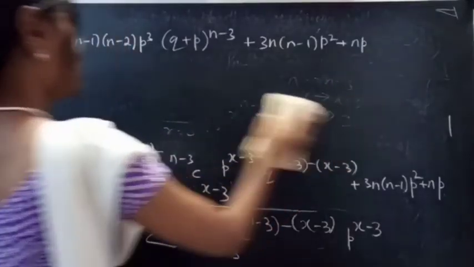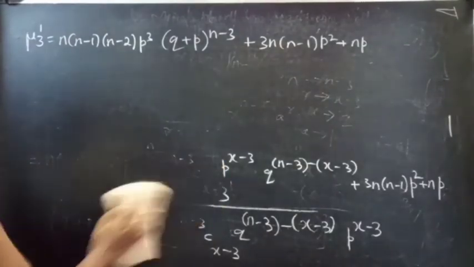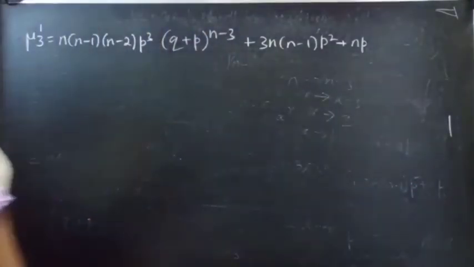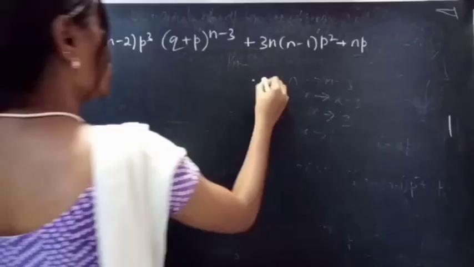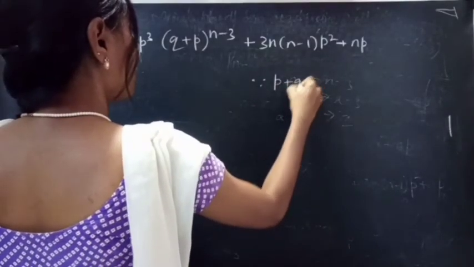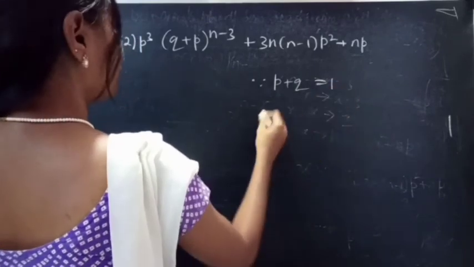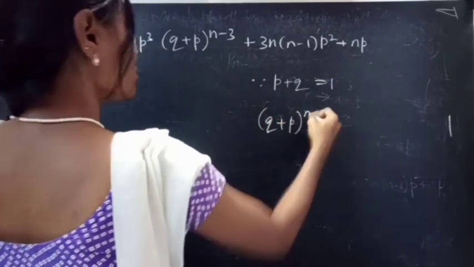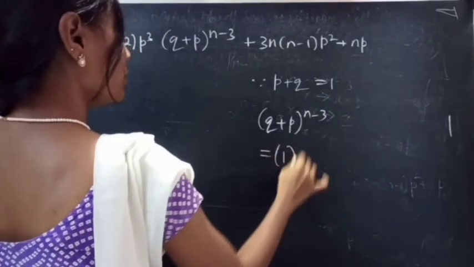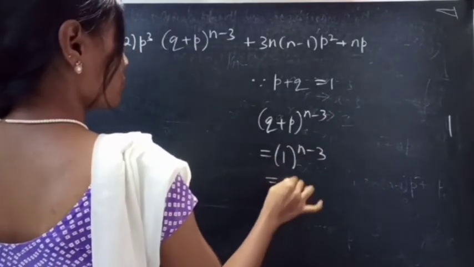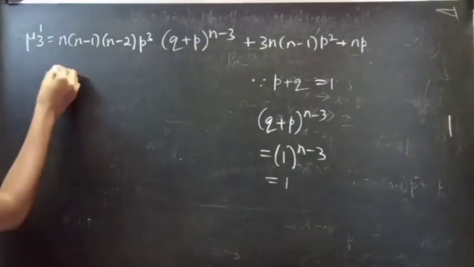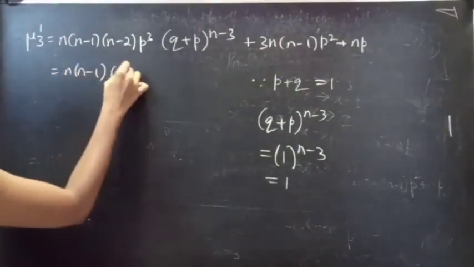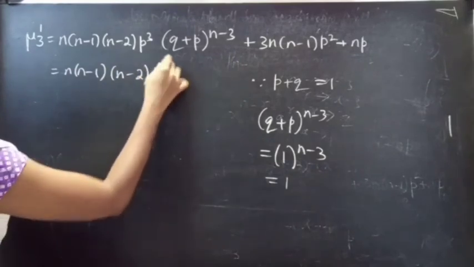Since we know that sum of probability is equals to 1, that is q plus p or p plus q equals to 1. Since p plus q equals to 1, then q plus p power n minus 3 will be equals to 1 power n minus 3, which is equals to 1. So you could write it as n into n minus 1 into n minus 2 into p cube.